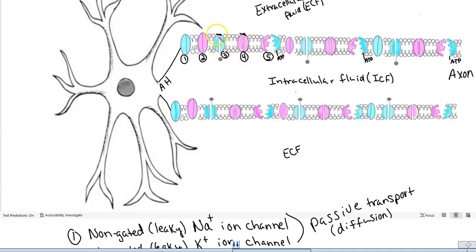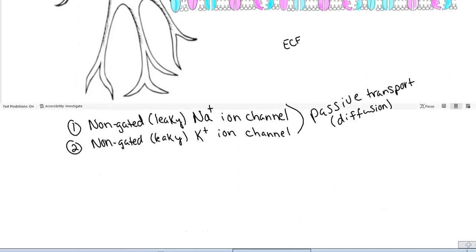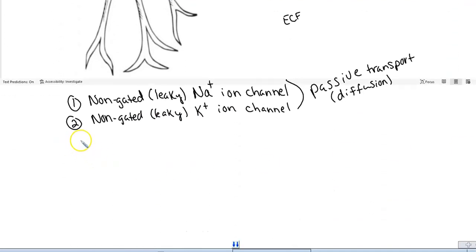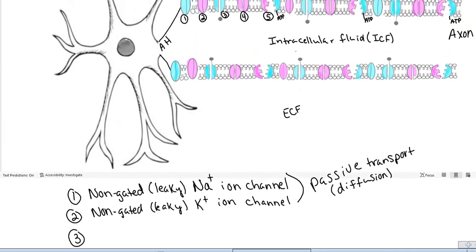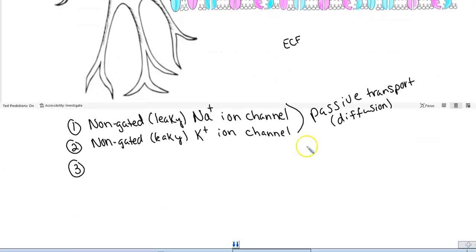So at number 3 and number 4, I put those closed doors on there because they are some channels, and one is sodium and one is, let's see which one I drew first. I drew the turquoise, so that's going to be a sodium channel. What this one is, is a voltage gated.